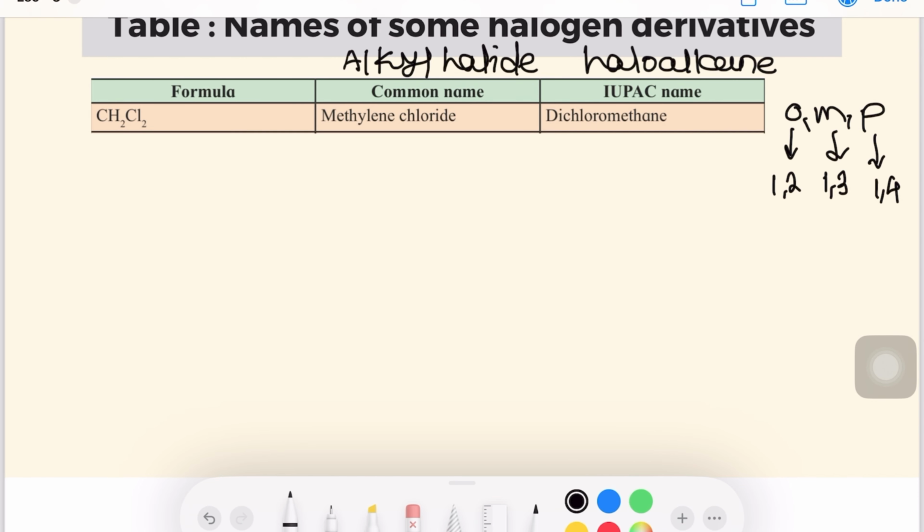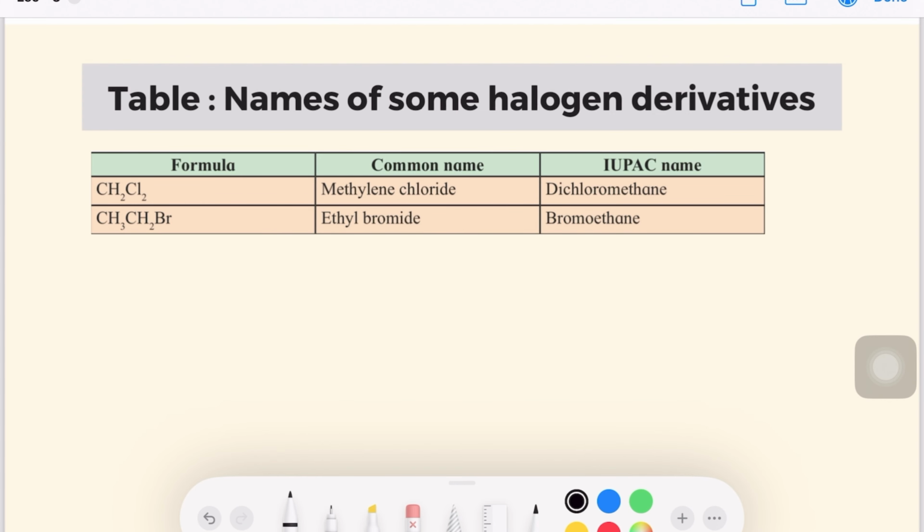Another one is CH3CH2Br. How many carbon atoms are there? 2. So the 2 carbon alkane is ethane. We know that 1 carbon starts with meth, 2 carbon is eth, 3 carbon is prop, 4 carbon is but, 5 carbon is pent and so on.